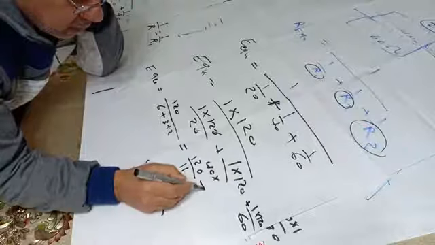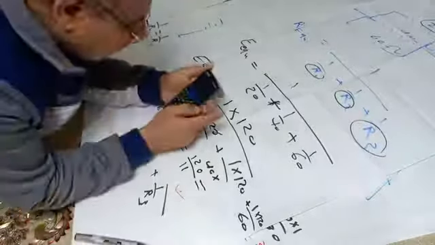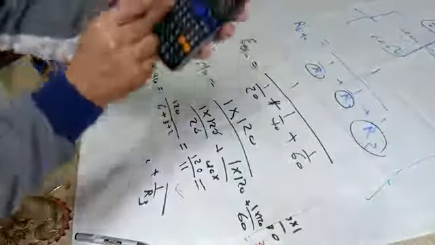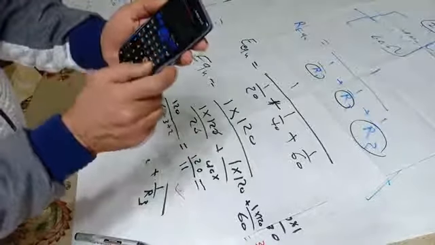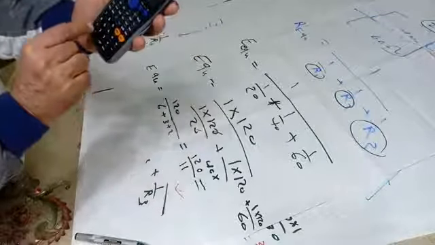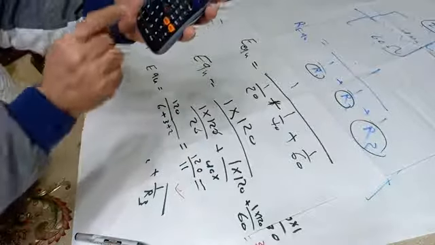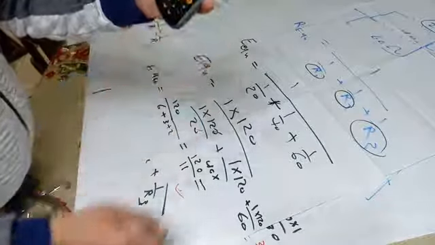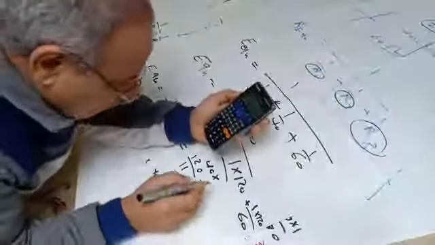Then we calculate 120 over 11 by calculator like this: 120 over 11 equals 10.9 approximately.